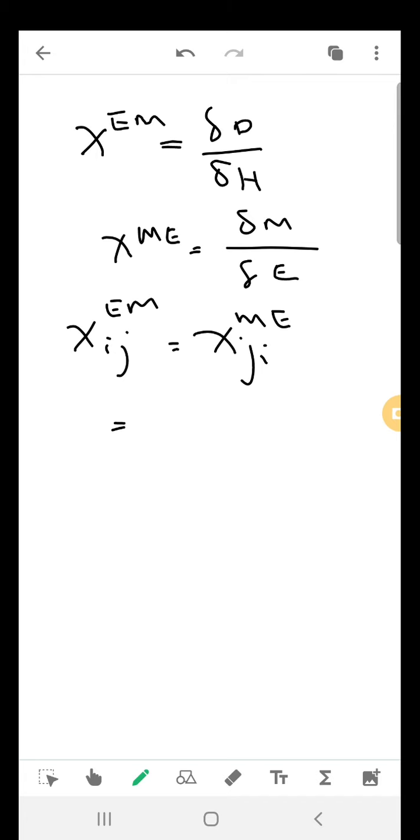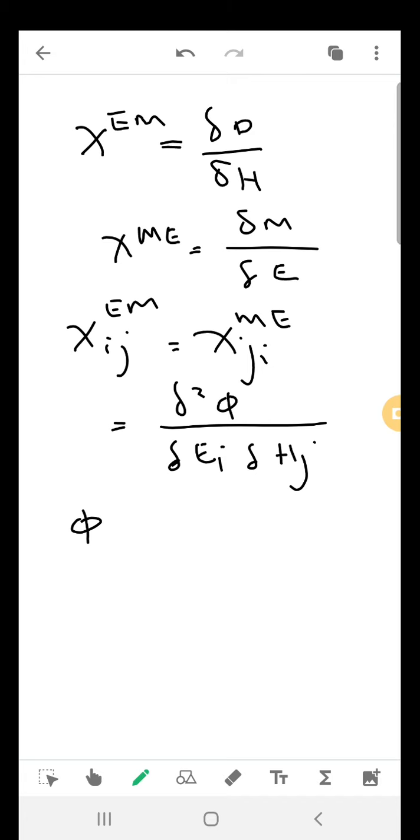This is equal to del square phi by del Ei del Hj, where phi is the thermodynamic potential.